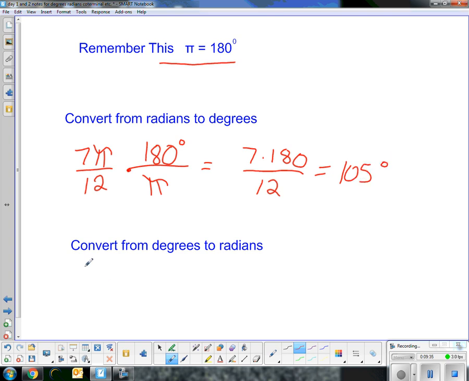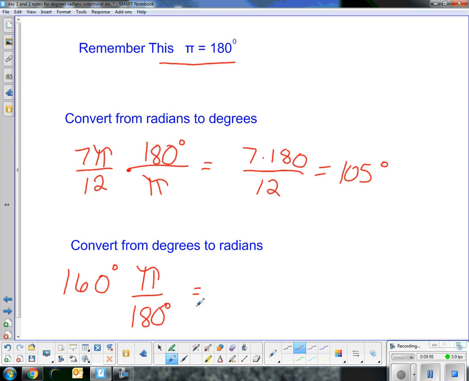If I want to go backwards and convert from degrees to radians, let's suppose I have something like 160 degrees, and I want to write it in terms of radians. I'm going to multiply by this time. I want the pi, and I want the degrees to cancel.